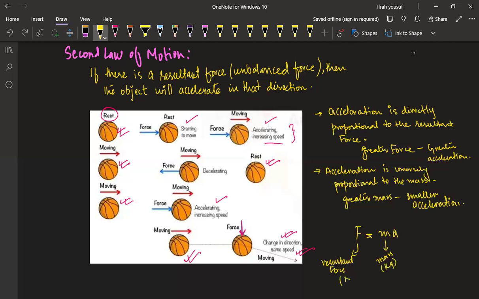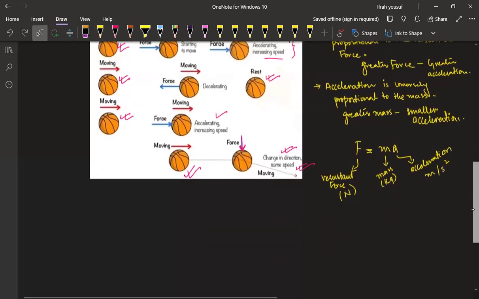Force is going to be in Newton, and acceleration is in meter per second square. So force is going to be the product of mass and acceleration, okay? I hope you have got this concept clear.